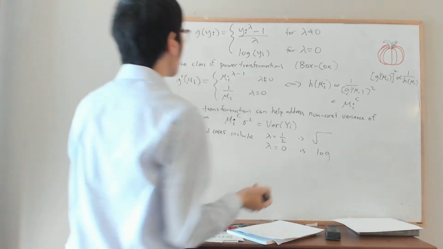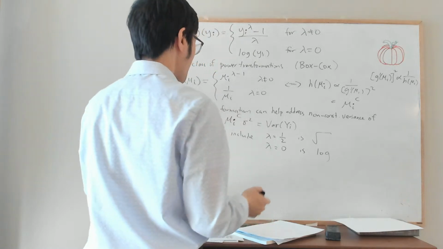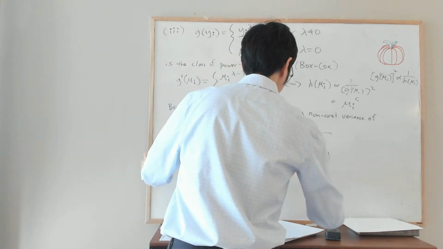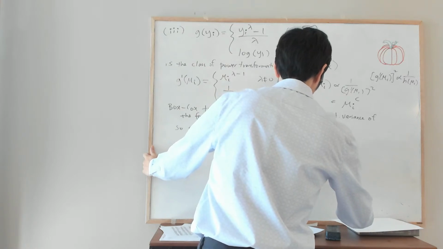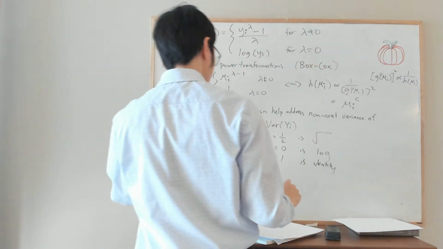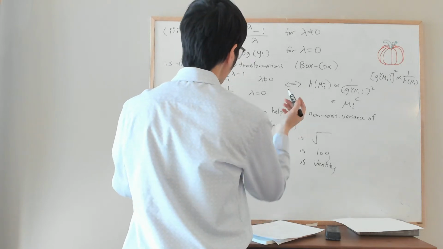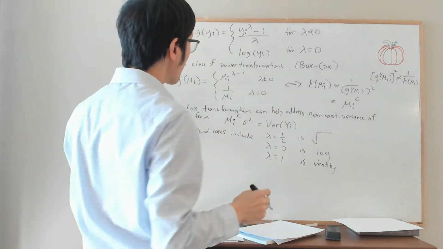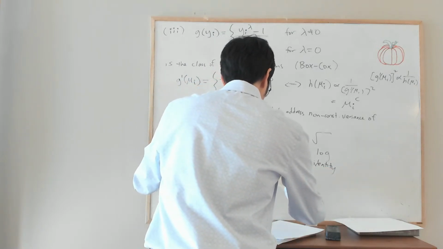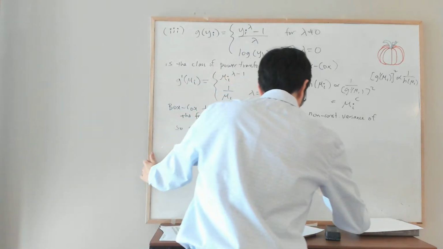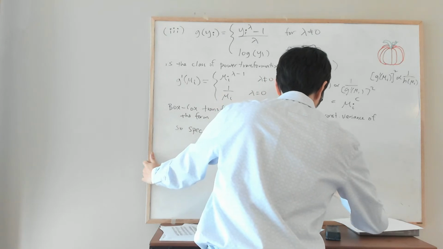If you don't do anything, that's just the identity. Okay, you don't transform, and you can even put in negative values. You can do, for example, lambda equals -1 as the reciprocal.